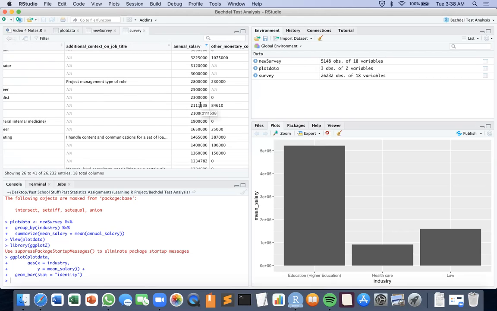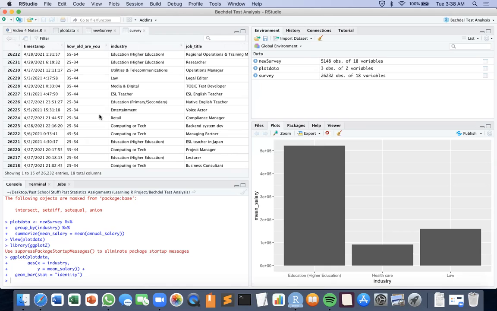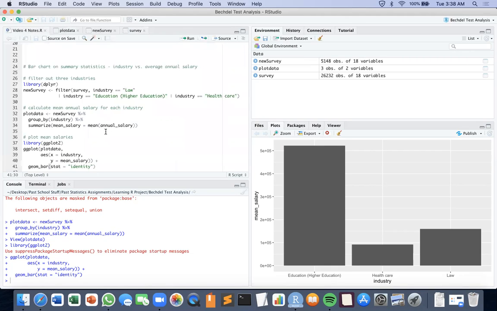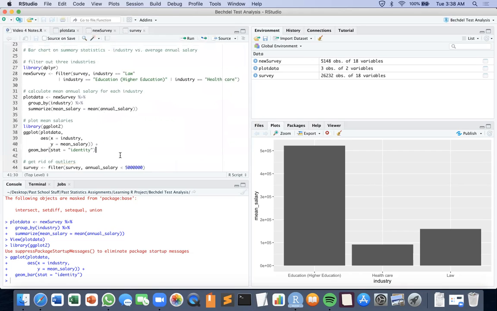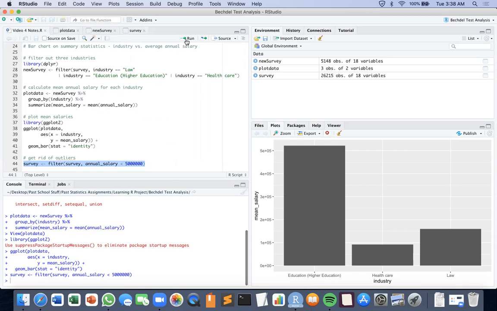I'm just curious, we're down here, for example. I feel like some of these really high values were mistakes with conversion. So let's get rid of outliers. And again, I'm going to do another disclaimer.